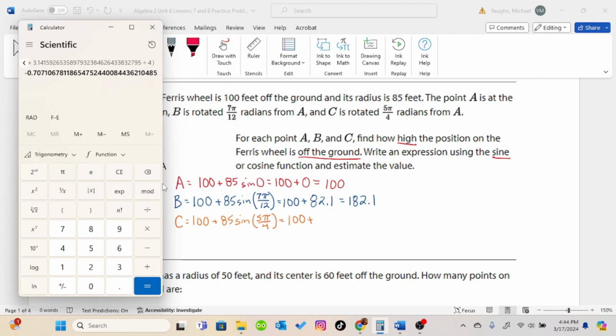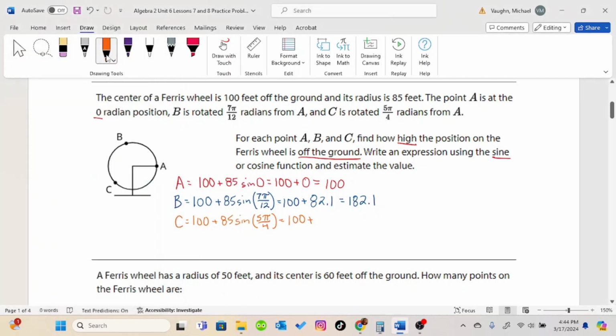And we get negative 0.7. Now we multiply that by 85, and we get negative 60. So instead of adding, we are subtracting 60 feet. And 100 minus 60 is 40.